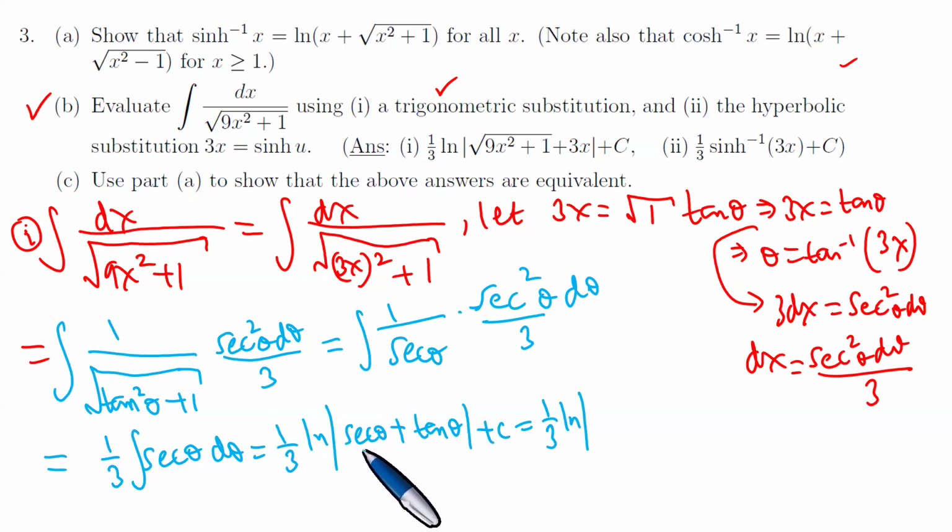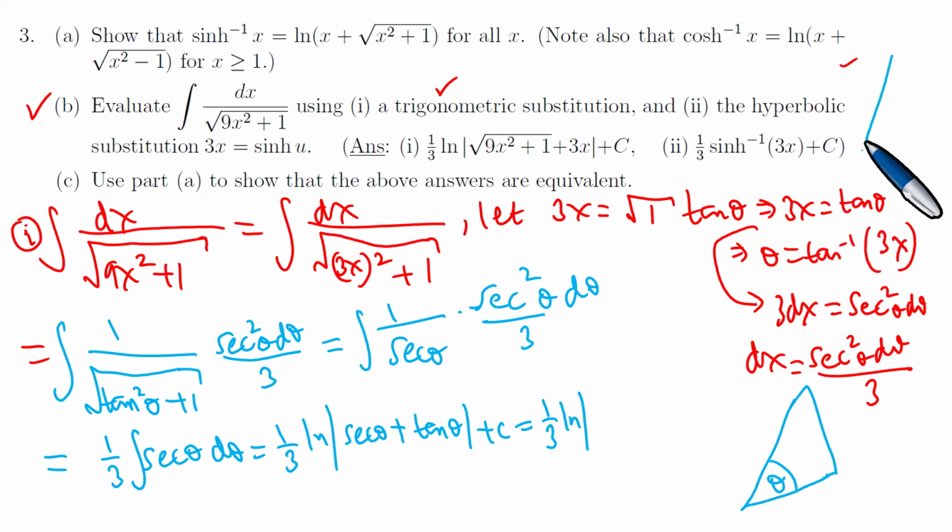What is sec theta? So now we need to use the triangles. Let's use some triangles here. Put the theta here, then you're going to have tan theta. Tan theta is what? Okay, draw a triangle here, like this, so that this one is theta.